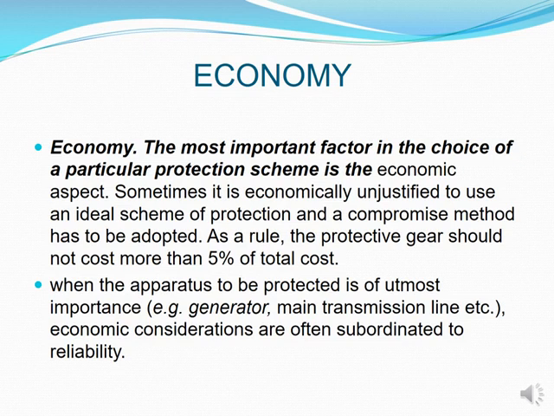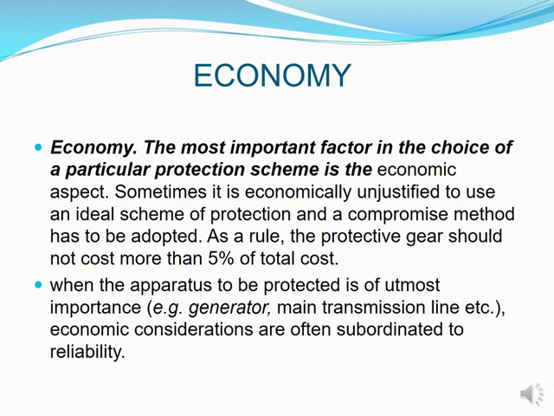So if you have a network with a transformer, feeders and overhead lines going to your rural areas, and if all of that costs, let's say, 5 million, then the protection that you choose there can cost you up to 5% of 5 million, and it should not cost more than that.